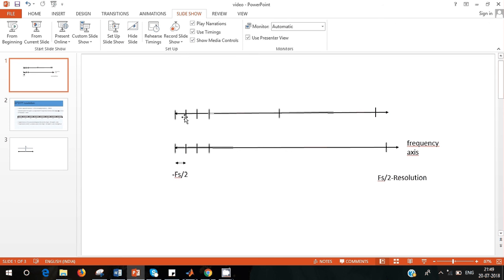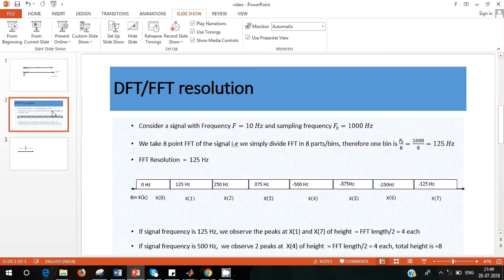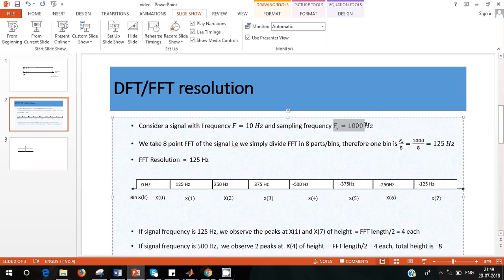Each point is based on the interval Ts, the sampling time Ts, or 1 by Fs, the sampling frequency. Now consider that your Fs is 1000 hertz. If you take the 8 point FFT of such a signal, what does it mean? You are dividing the frequency region into 8 parts.